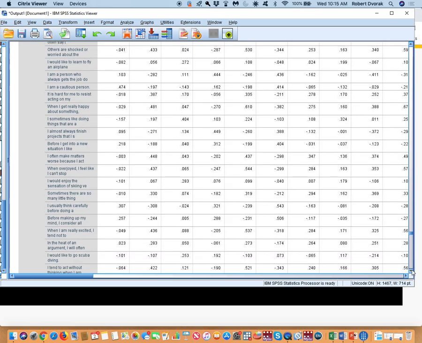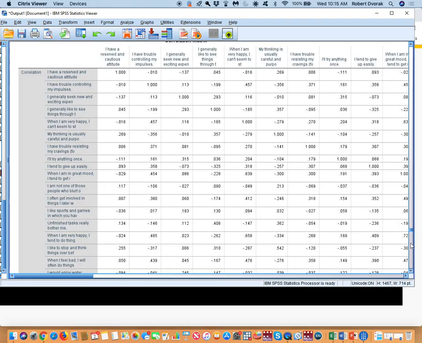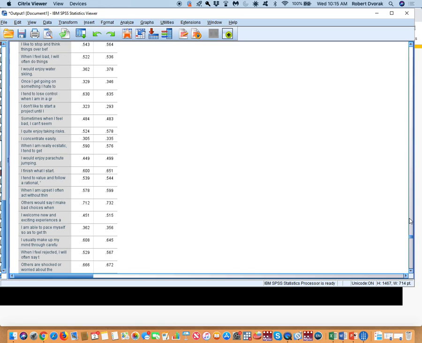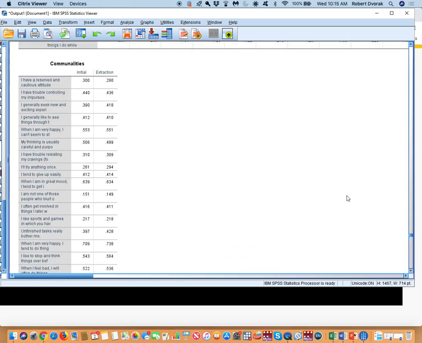All right, correlation matrix. Actually, whoops. Correlation matrix is exactly the same, right? But communalities are different. I had said that almost always your extraction should be less than your initial, but in factor analysis, they should be very, very close.